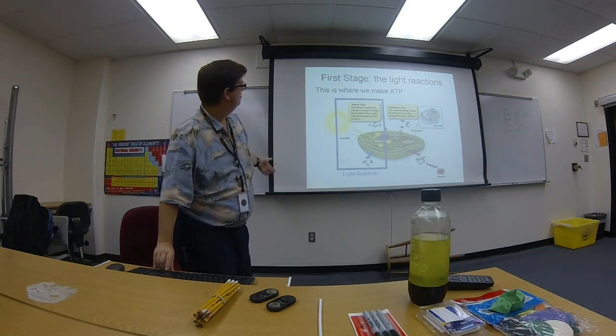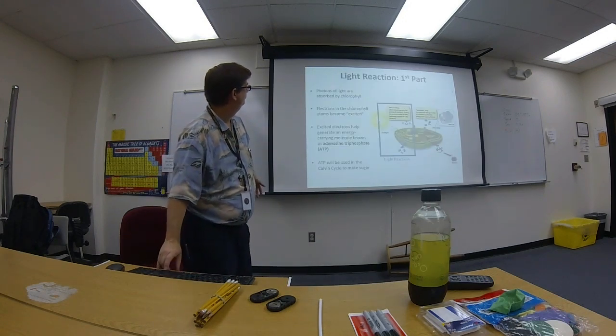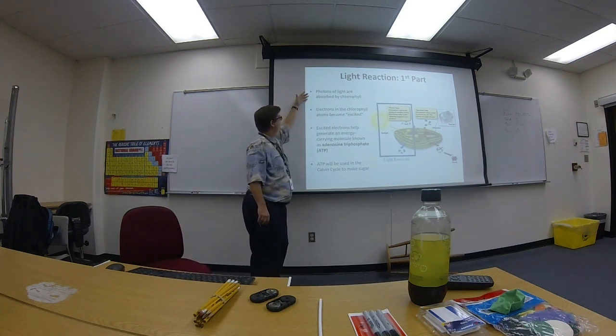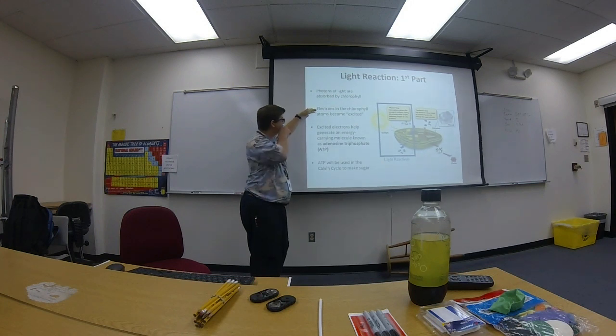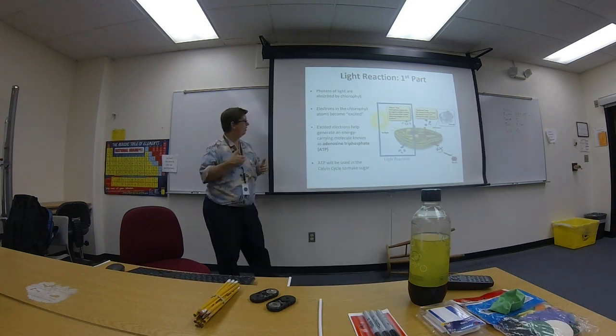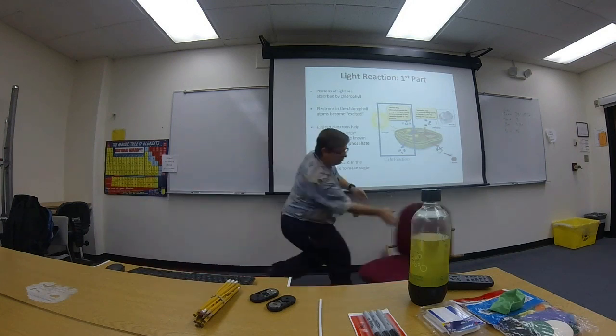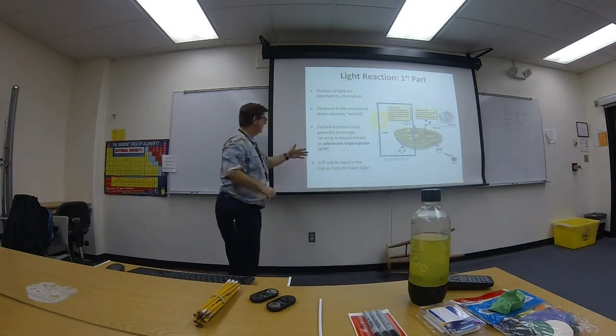Split water, make ATP. The way this works, we absorb light in chlorophyll. The electrons in the chlorophyll get excited to a high energy state, and those high energy electrons are passed through the electron transport chains and used to pump hydrogen ions, and those hydrogen ions then spin our ATP synthase, which makes ATP.